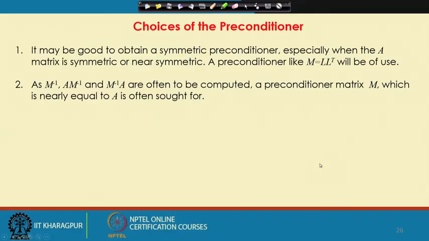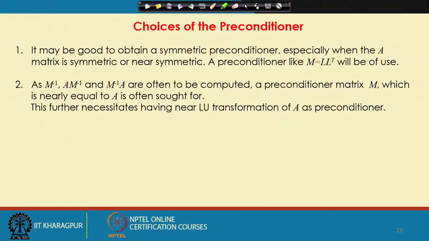As M inverse and M inverse A are often to be computed, a preconditioner matrix M which is nearly equal to A is often sought, because M inverse and M inverse A will be close to identity there, and that is the driving part of the algorithm, because we find the Krylov subspace of M inverse A and the residual.